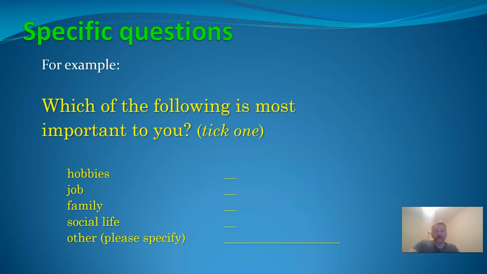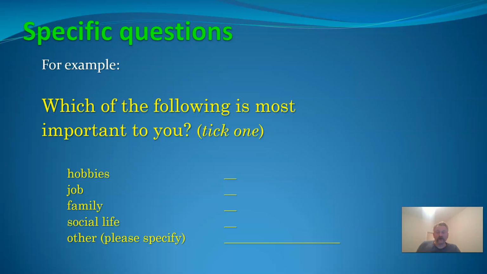And so, quite often what's used with those type of ranking statements is something like this, kind of specific questions where it's possible to follow up on something that's previously been identified or not, as the case might be. So, for instance, which of the following is most important to you?